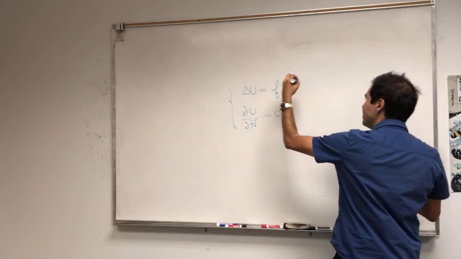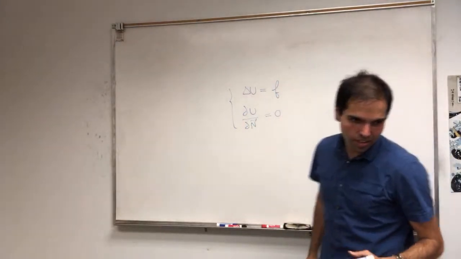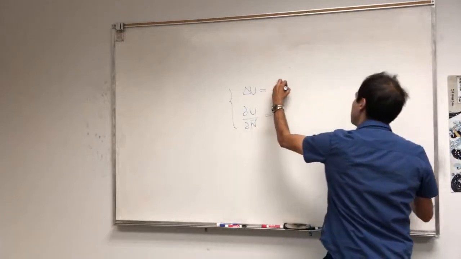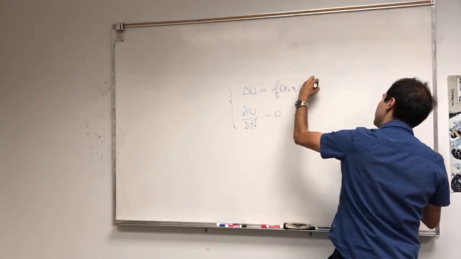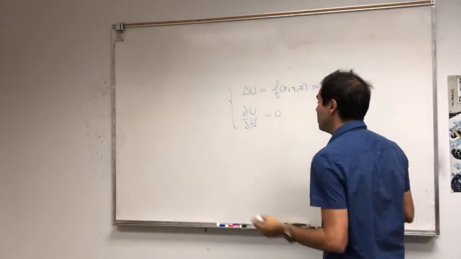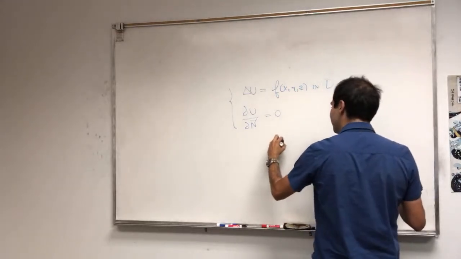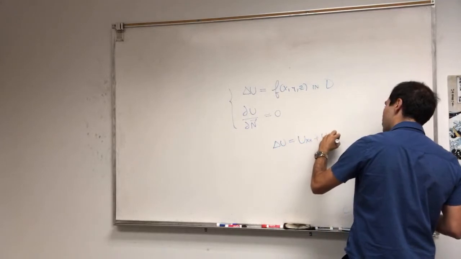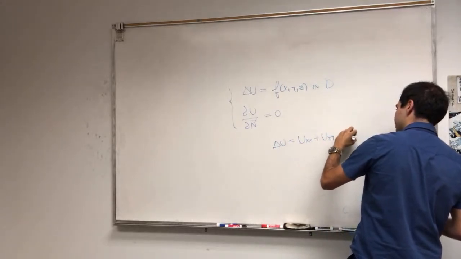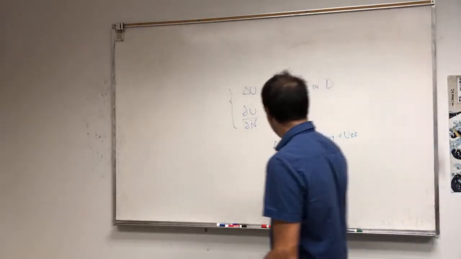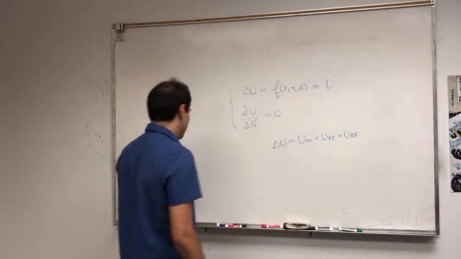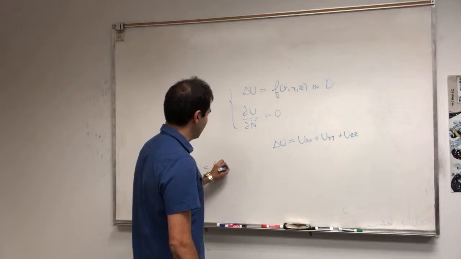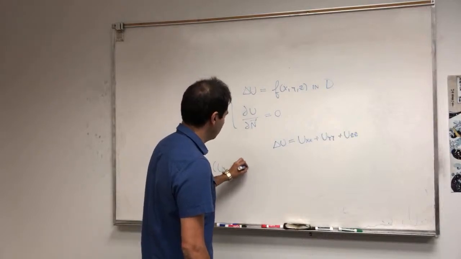And I think it's in a three-dimensional region, so f of x, y, z in D. And maybe I didn't mention this, but the Laplacian in three variables is uxx plus uyy plus uzz. And one thing we'll need soon, remember the gradient in three dimensions is ux, uy, uz.